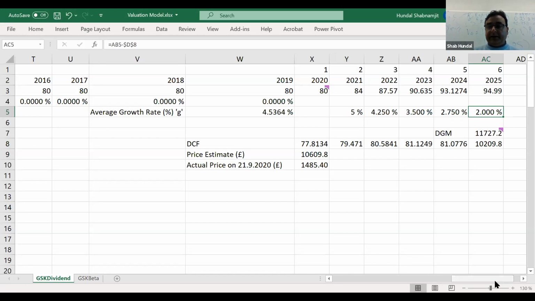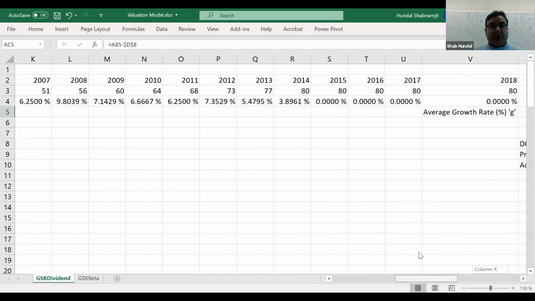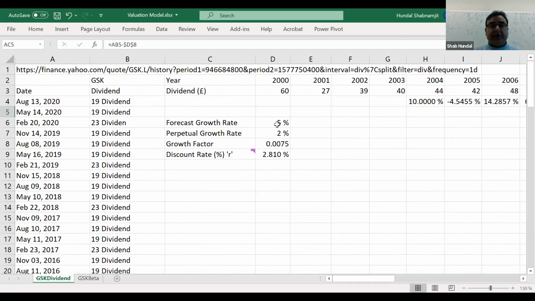I call it forecast growth rate 5% and the perpetual growth rate 2%. Eventually it will slow down to 2%, because this 5% can never be endless.